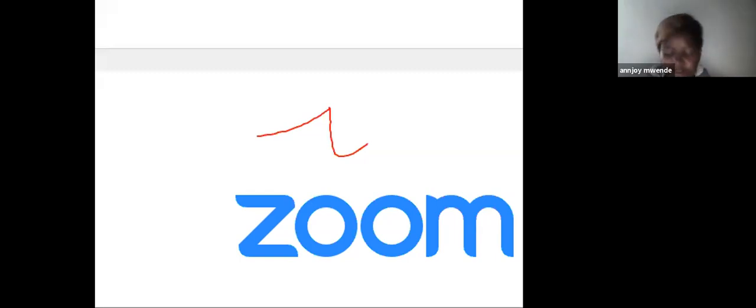How do we get the gradient? Usually we say that the gradient is 5 minus 4 divided by 2 minus 3, which is 5 minus 4 is 1 and 2 minus 3 is negative 1. So the gradient of that line will be negative 1.